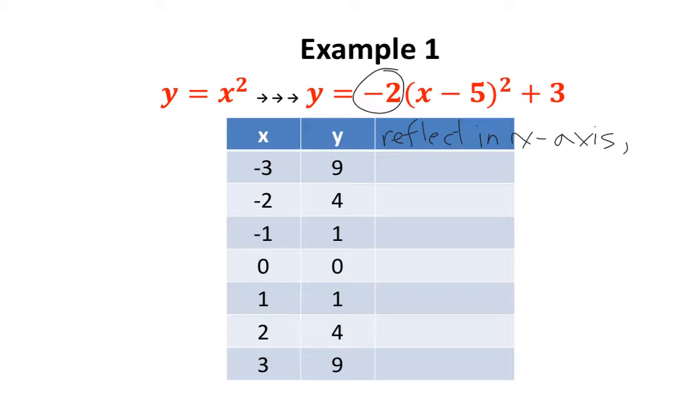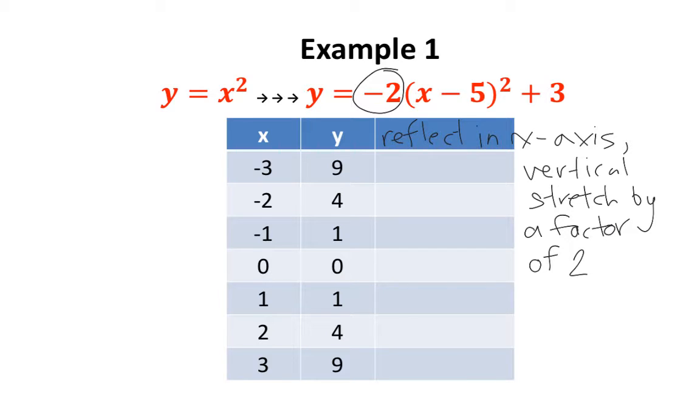Moreover, there is going to be a vertical stretch by a factor of 2. Reflecting the parabola in the x-axis and completing a vertical stretch by a factor of 2 only affects the y values of these coordinates. So mathematically, all you're going to do is multiply these y values by that value of a, which is -2.